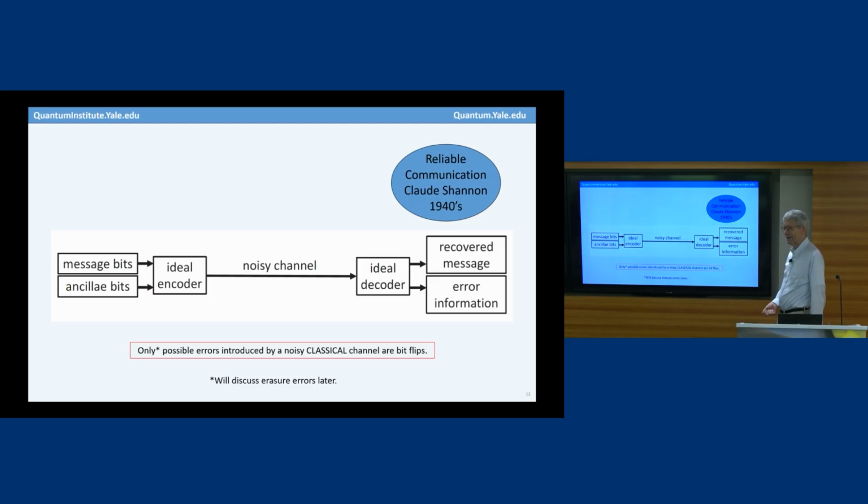But the only thing that can go wrong is he can mistake a 0 for a 1 or a 1 for a 0. There's an asterisk here. There's another thing called erasure errors where one of the bits just fails to arrive. We'll talk about that later. But roughly speaking, the only thing that a classical noisy channel can do is flip a bit from 0 to 1 or 1 to 0 some fraction of the time. When we look at quantum errors in the second half of the lecture, it's more subtle. There are more kinds of errors.